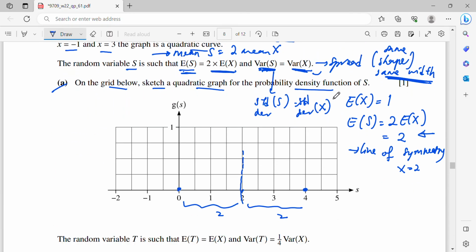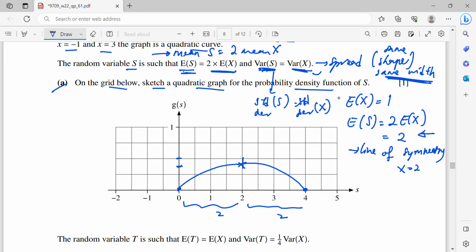So now I will use that, the mid of 0.5 and 0.25, somewhere here. So now I will get this point. My graph now becomes a maximum point at (2, 0.375), and then it touches the x-axis at 0 and 4.